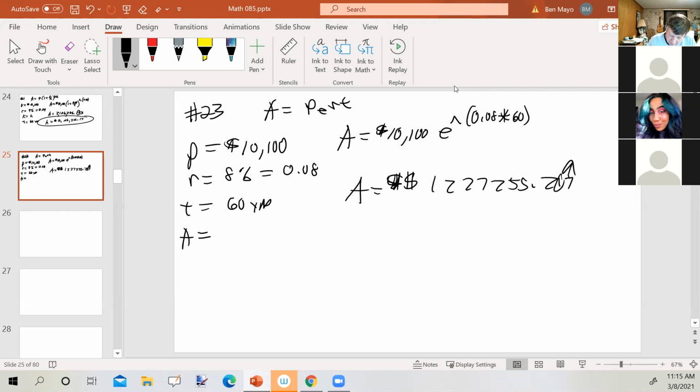That's going to round up, so we're going to get $1,227,255.22.